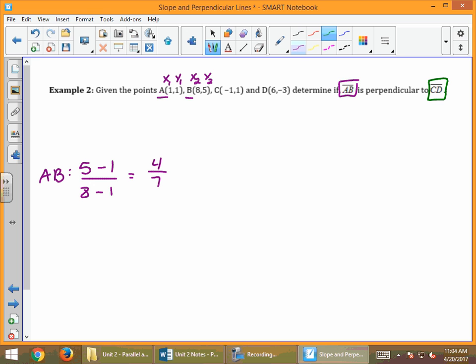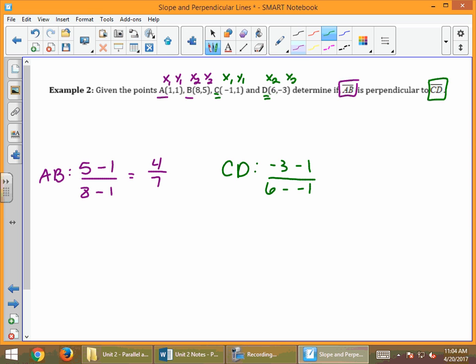The other segment is CD, so we're going to make sure C and D match up. And label. y2 minus y1 over x2 minus x1.